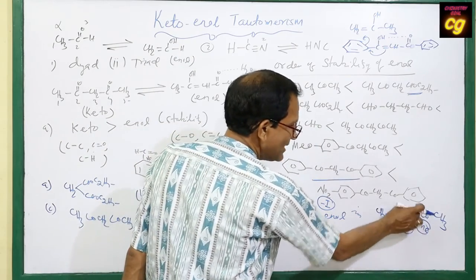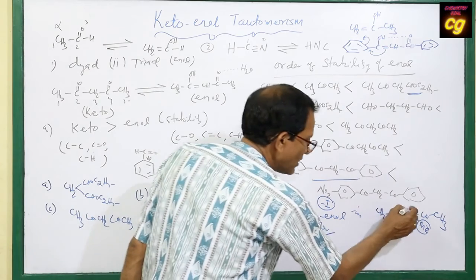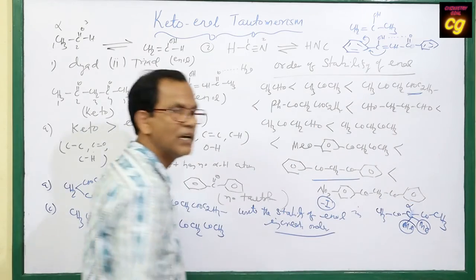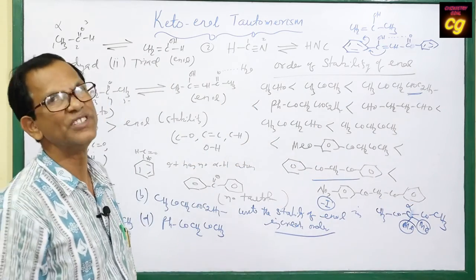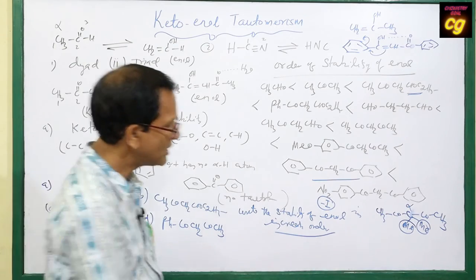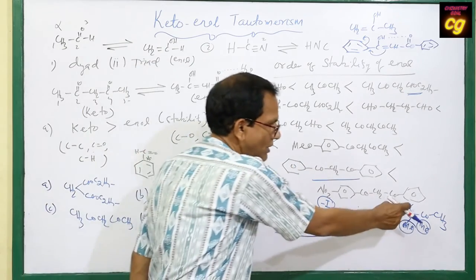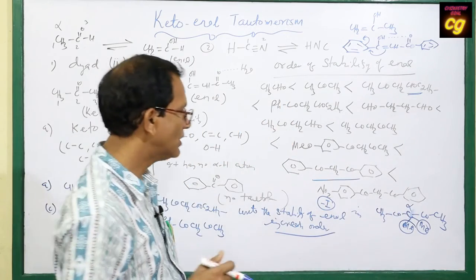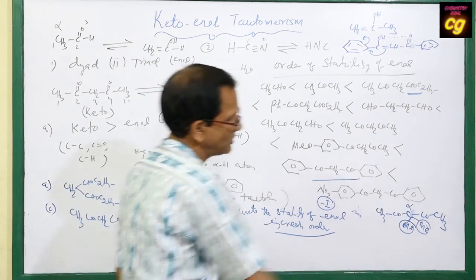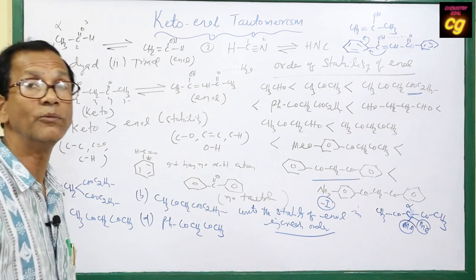It has no, you can say, alpha hydrogen atom, so the formation of the enol form is not favored. If the plus effect attached to the carbon increases, then loss of hydrogen will be slow. That's why in this case the stability of the enol form will be less.